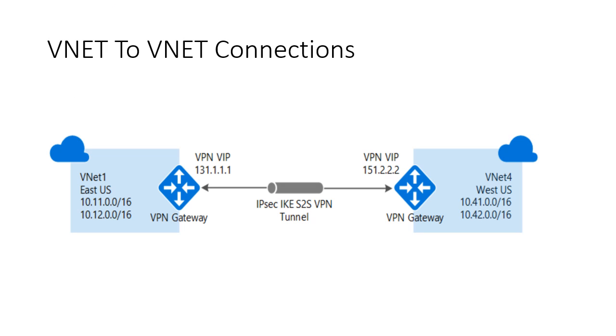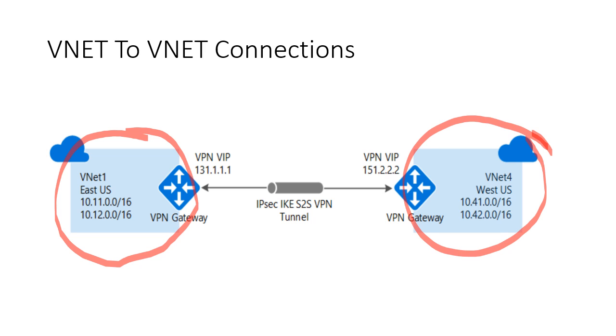Then there is VNet to VNet. In a VNet to VNet gateway, you see there is one VNet in East US, one VNet in West US. In East US, you have virtual network VNet 1, you have the CIDR range and VPN gateway, and this tunnel is there between this network and this network. It is kind of active standby only.